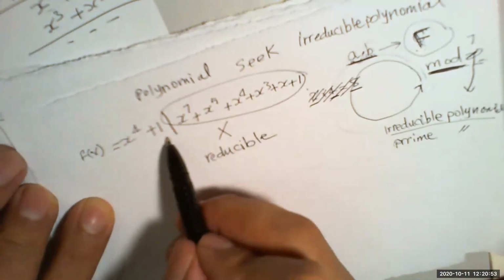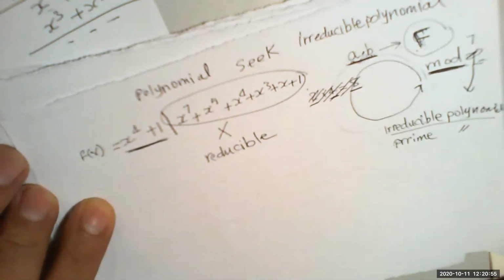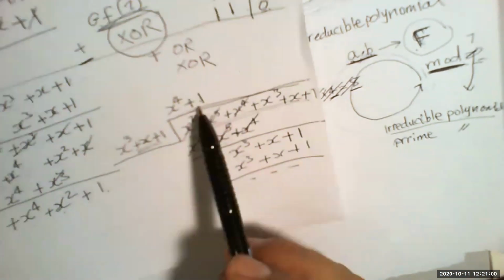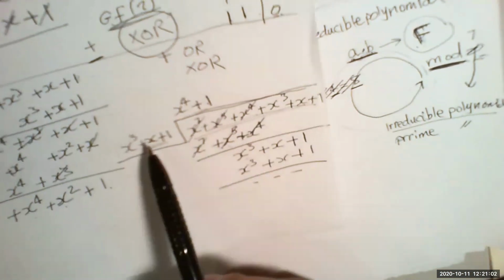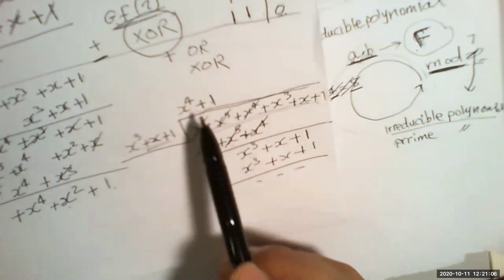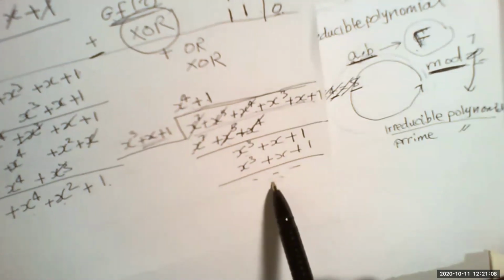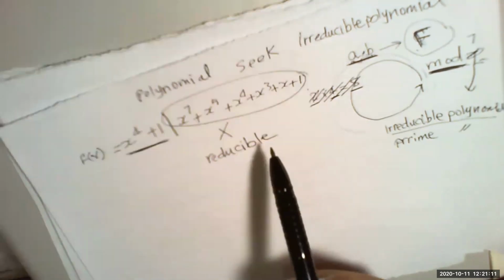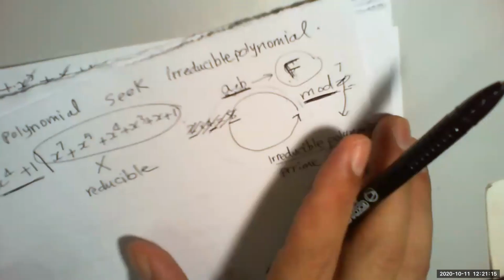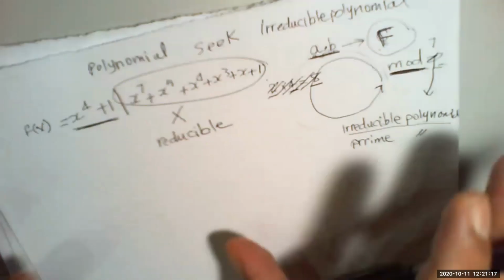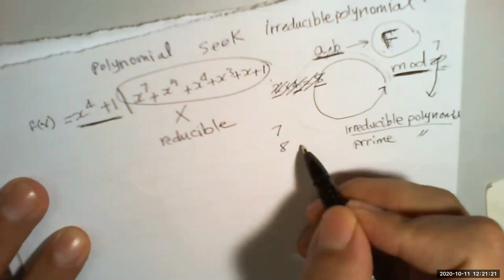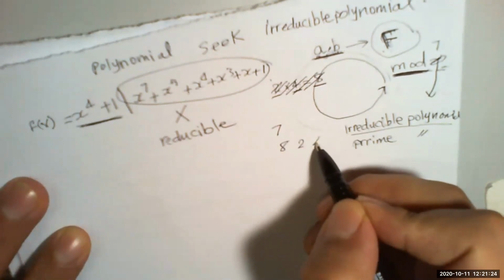Reducible means that there is a polynomial that divides it. Here, we see that after we divide by x cubed plus x plus 1, we have a result without remainder. A result without remainder means this is reducible. It has a factor. Like for example, 7 doesn't have a factor, but 8 has factors: 2 and 4.